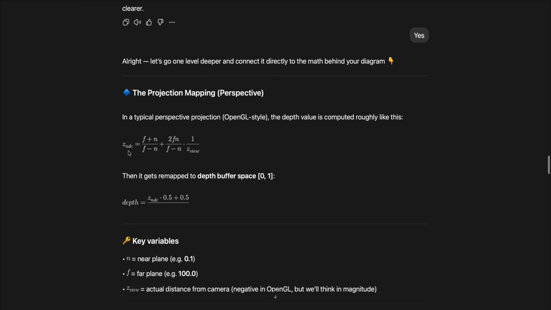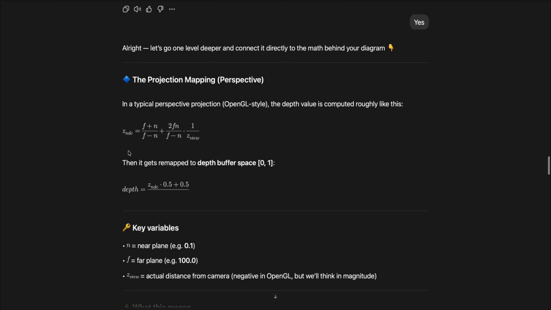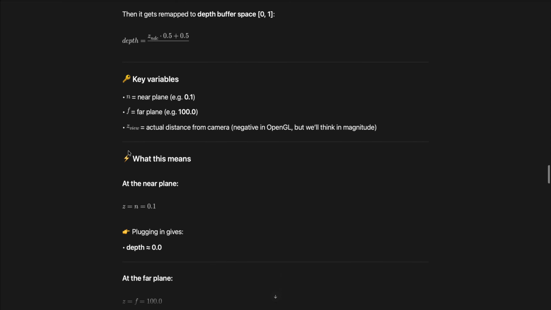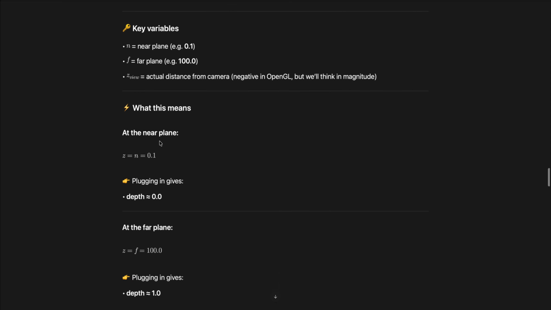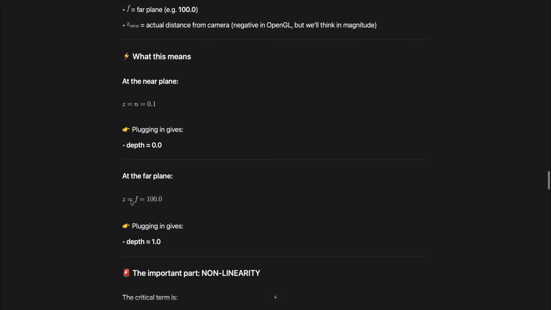At the near plane, Z equals n equals 0.1, so plugging in gives a depth of 0. At the far plane, Z equals f equals 100, and plugging in, we get a value of 1.